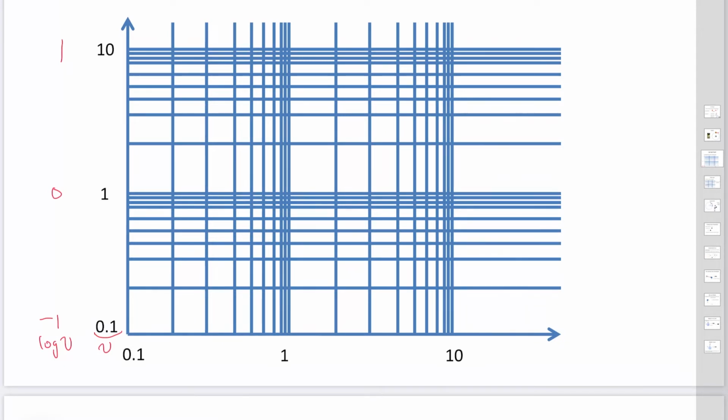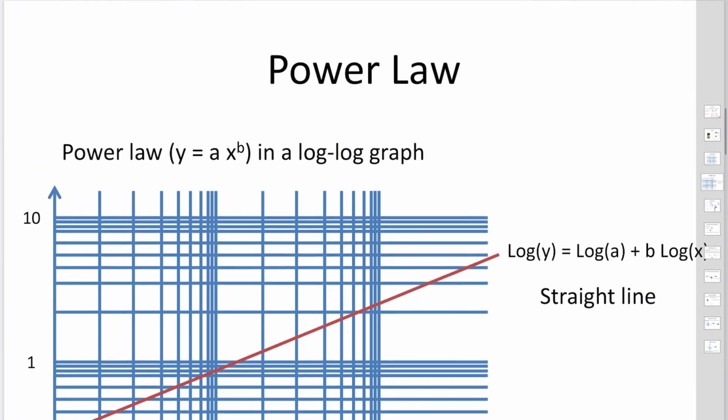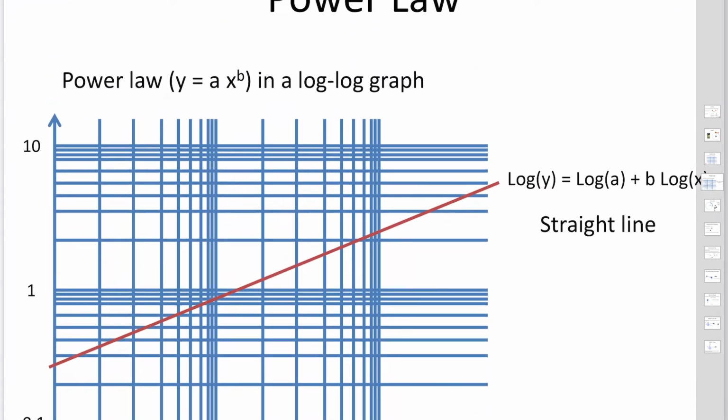Then what is the merit of using a log-log graph? If y and x have a power-law relation, and we plot the data on the log-log graph, then taking the log of both sides of y equals a x to the b gives log y equals log a x to the b. Then this becomes log a plus log x to the b.